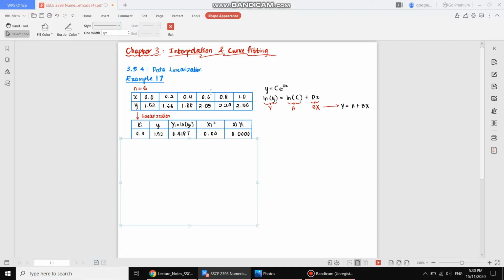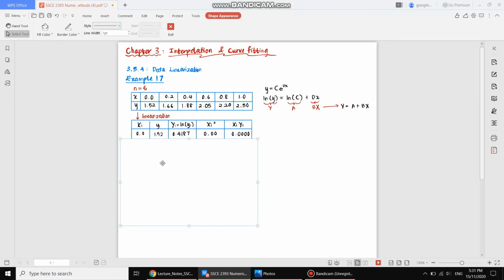So we start with x1, y1, ln y1, x1 squared, and x1 times y1. We start with x equals 0.0 and y equals 1.52.